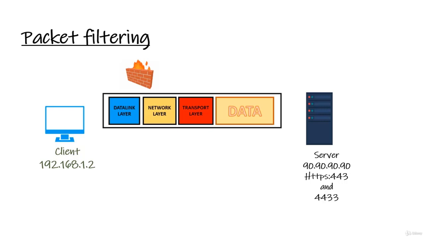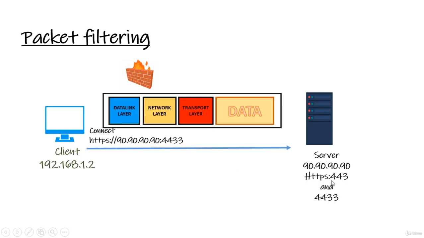As you can see, I have the firewall here, and I put it right between the data link and network layer, just the way I told you. So the client tries to connect to the server, which is 9.9.9.0, to ports 443 and 3. These are two ports that my server is listening on. What happens when the client tries to connect?